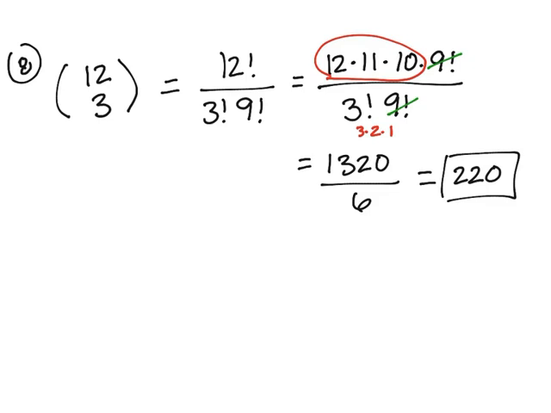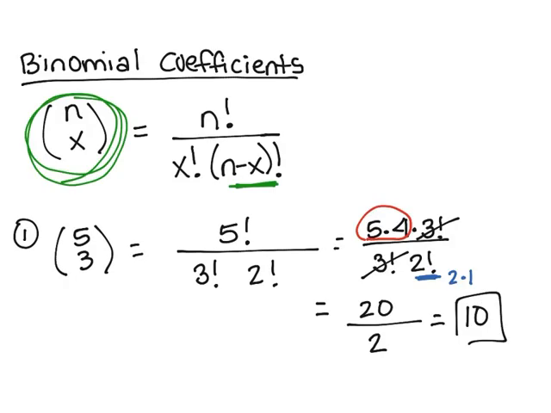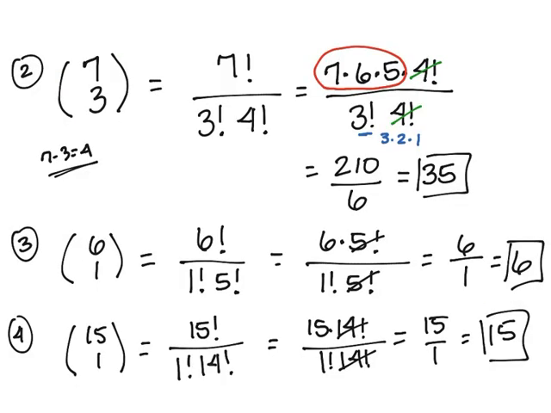So recap, not too hard. We're going to take the top number factorial, over the bottom number factorial and the difference. You're going to walk the top till you get to the biggest one that's on the bottom, so they cancel. And then you're going to just simply multiply what you have on top, and then do the factorial of what you have on the bottom, and then divide.